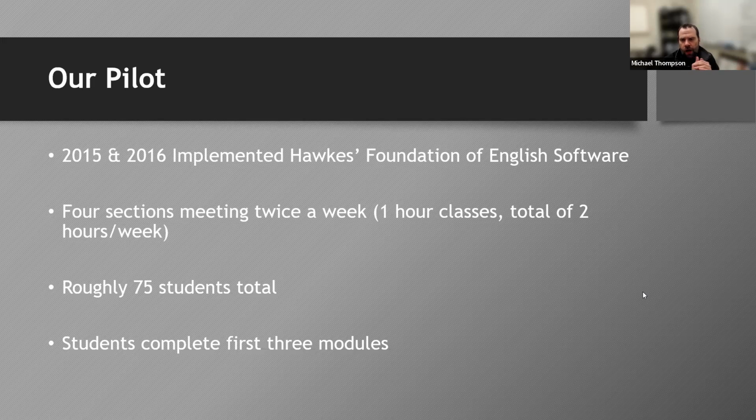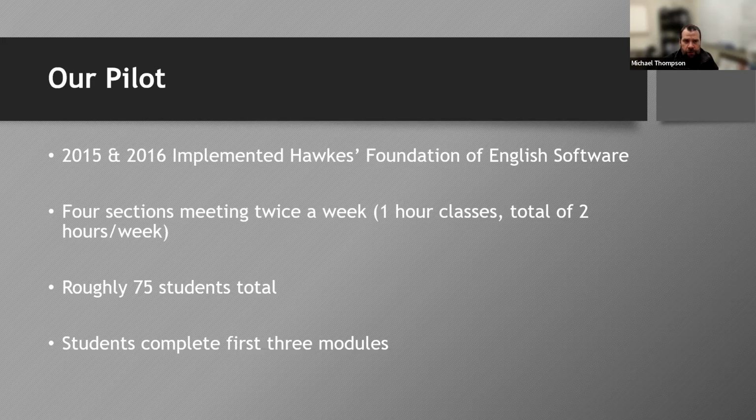So we implemented it as a 1 semester hour developmental ed credit. Students met twice a week for 1 hour. And this data comes from roughly 75 students. If you're not familiar with Foundations of English, if you haven't looked at it yet, there are 8 modules, and this was just a developmental reading course.